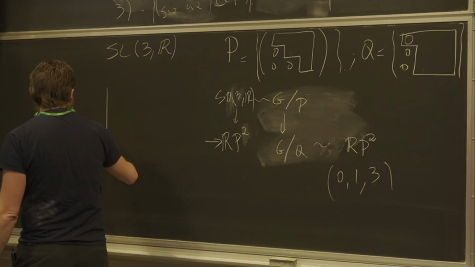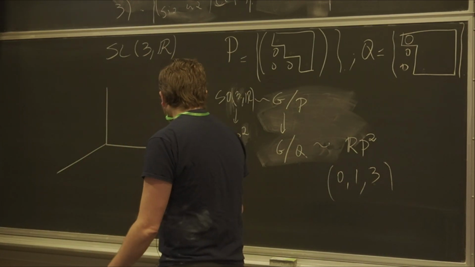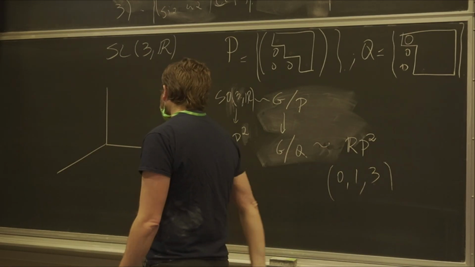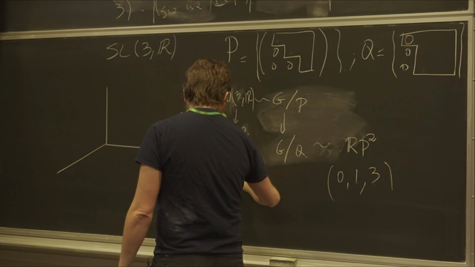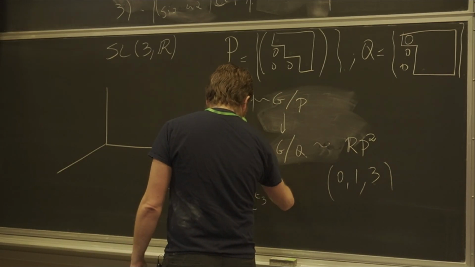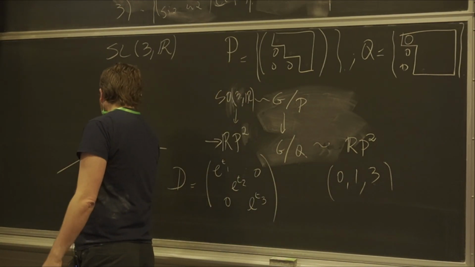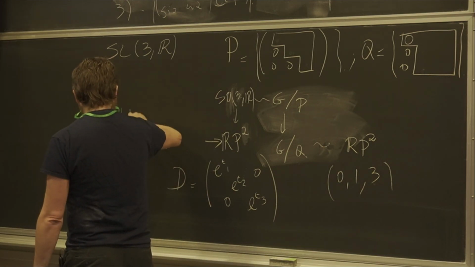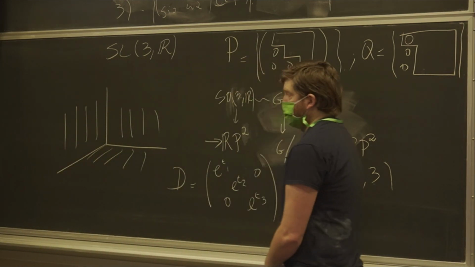So I will do the picture as if it were R3. So you take a diagonal map. And then naturally it will preserve this plane, and this plane. So you preserve these two planes.